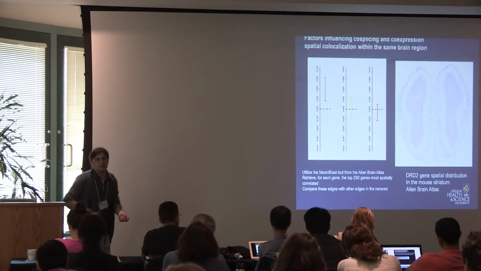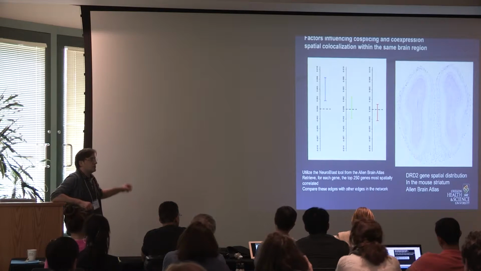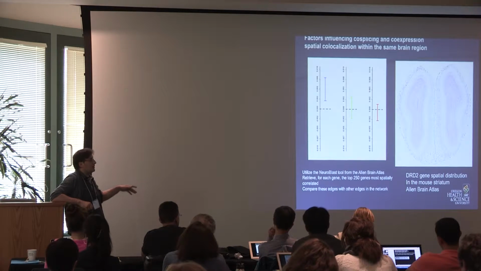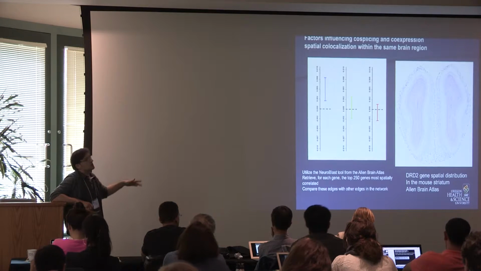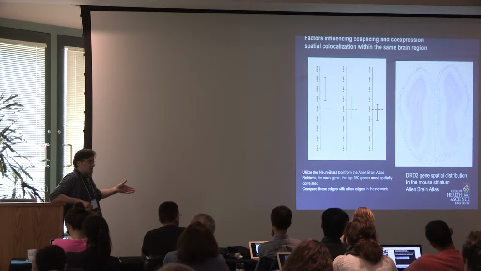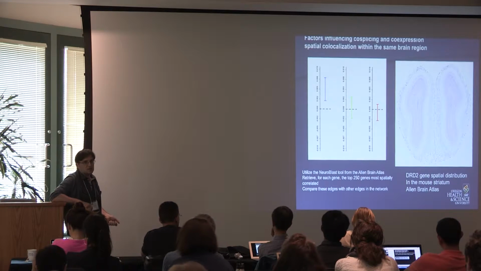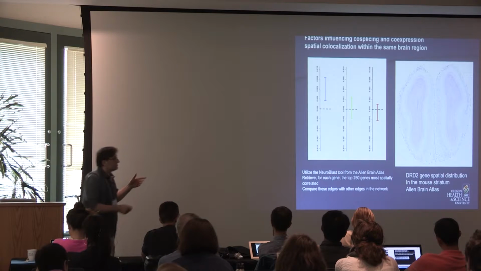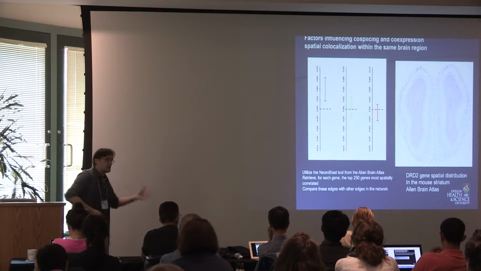The Allen Brain Atlas has a tool called Neuroblast. For each gene, you put the name of the gene and say, I want the striatum, and I want the genes that are spatially co-expressed with this gene. It gives you 250 genes that are the closest ones. So I collect all the 250 edges, and for all genes I repeat this process.